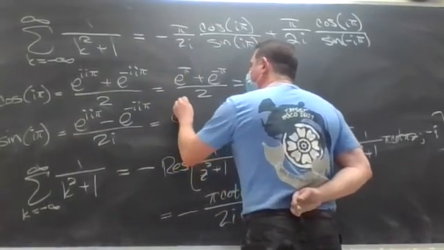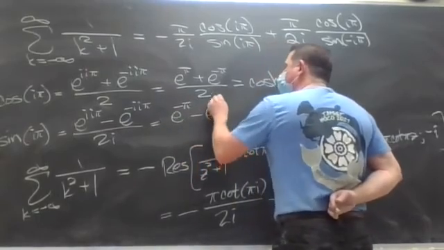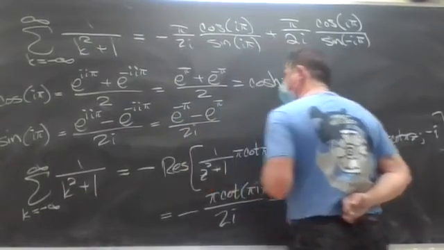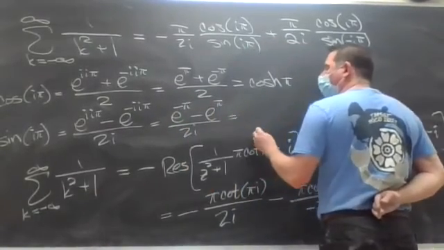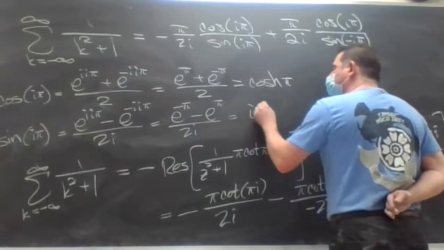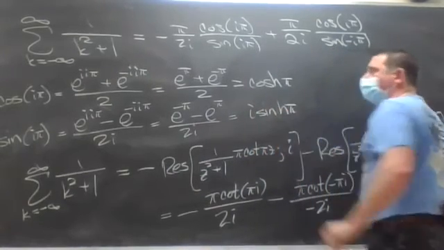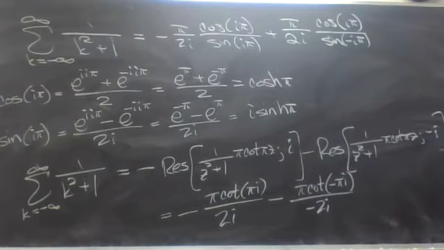That's equal to e to the minus pi minus e to the pi over 2i, or i sinh pi. Okay?